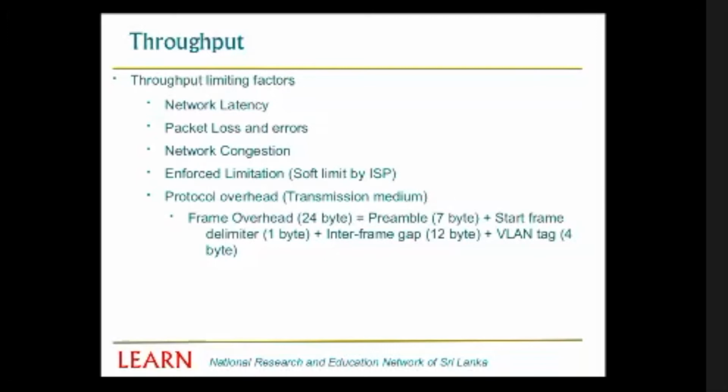Overhead can happen in any layer, like in Ethernet layer 2, there's frame overhead, and in the IP layer, there's layer 3 overhead, like the IP header and trailer. Likewise, in layer 2, frame overhead can be up to 24 bytes.